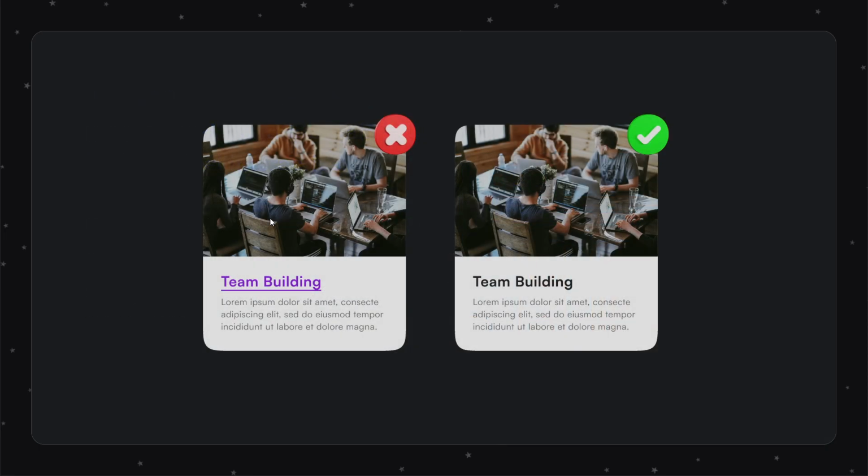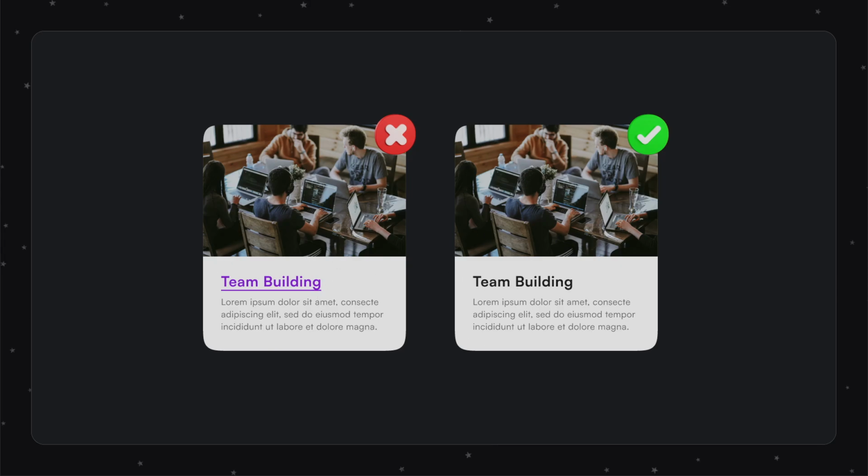So, for example, with the cards you see, most of you will probably already have an intuitive sense that if you see this card, you can click it, right? So you don't need to add this line and this color, because it already looks interactive without the line and without the color.